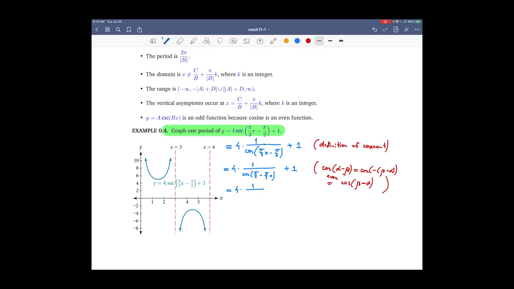So that is sine of pi over 3x, plus 1. And I get simply 4 times cosecant of pi over 3x plus 1. So instead of graphing the original function, we will be graphing this. Of course, the graphs are the same, but this, in my opinion, is a little bit easier.